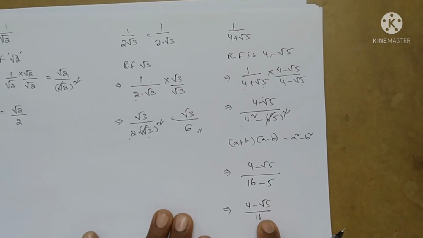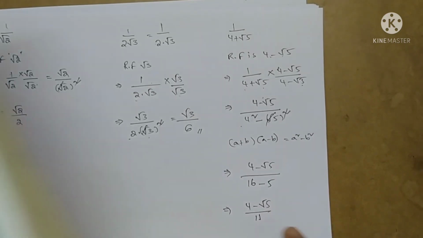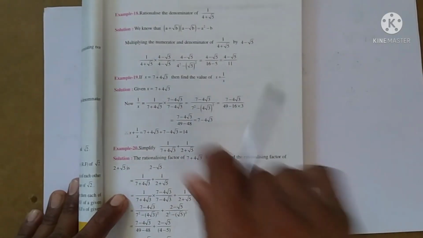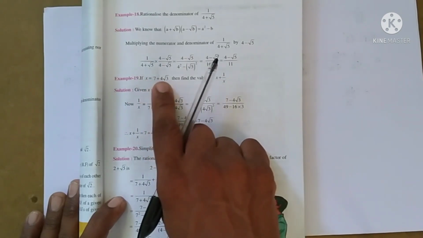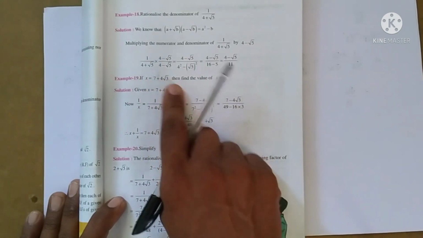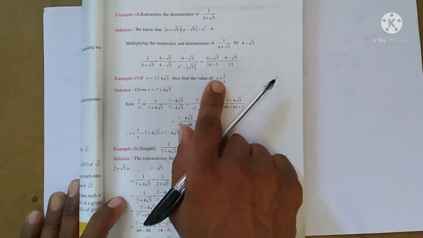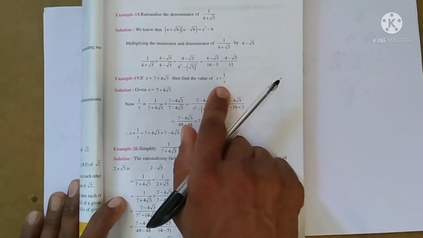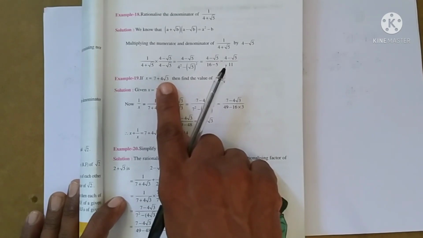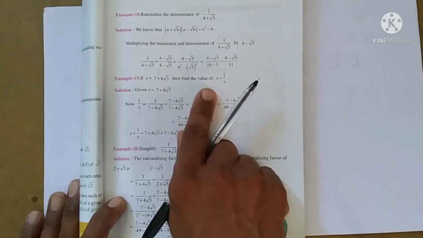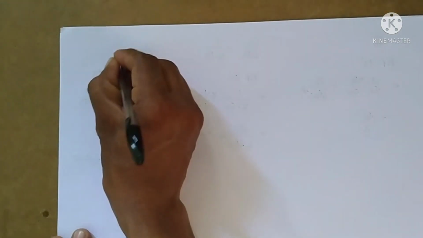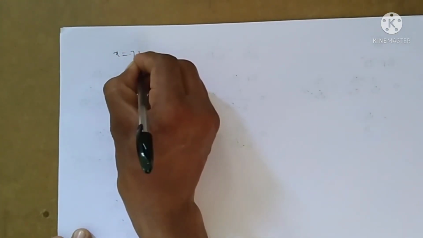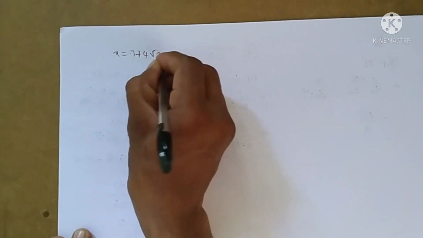Okay. Next example 19. If x is equals to 7 plus 4 root 3, then find the value of x plus 1 by x. So x is equals to 7 plus 4 root 3.